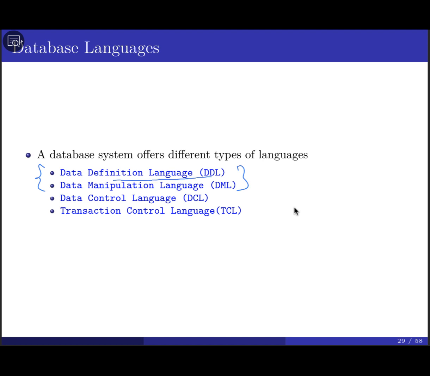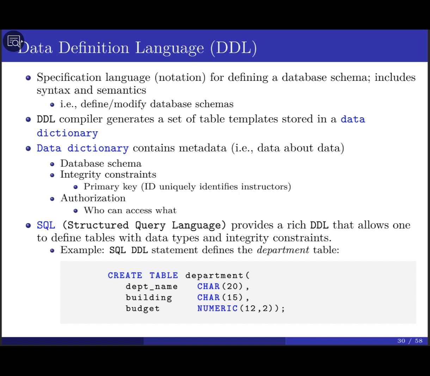The second main type is the data manipulation language. Then we can add the data control language and the transaction control language. I'm going to go over one at a time and explain what each of them means. So here, the first one, the data definition language.